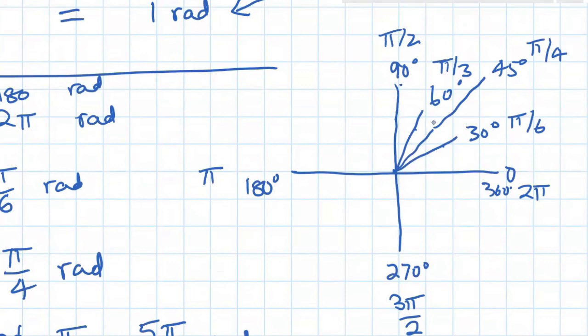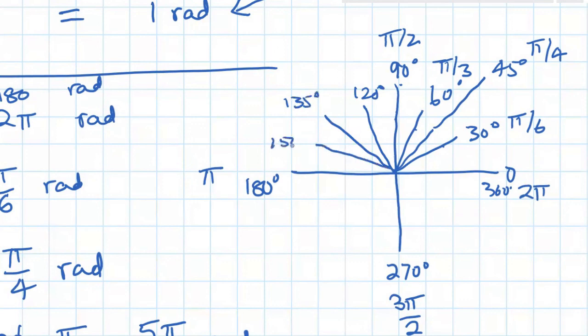And then there'll be the corresponding ones on this side, right? The mirror image of this is here, 60, 90. So this is 120, right? And there'll be 135. There'll be 150. And like that here, you can look at these from the negative side or the positive side. So 210, 225, and this is 240.